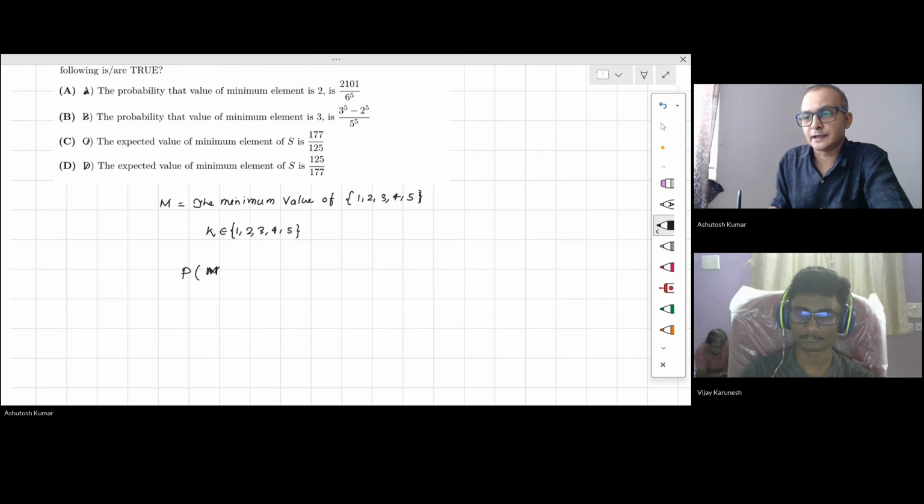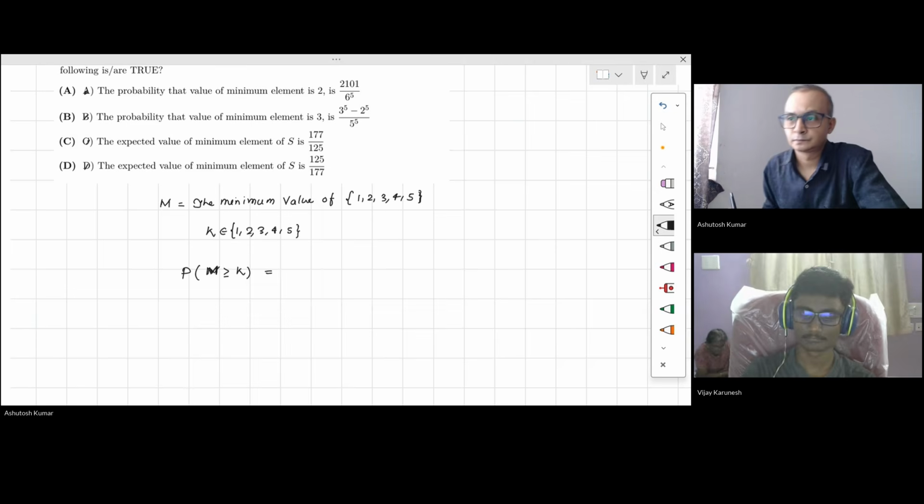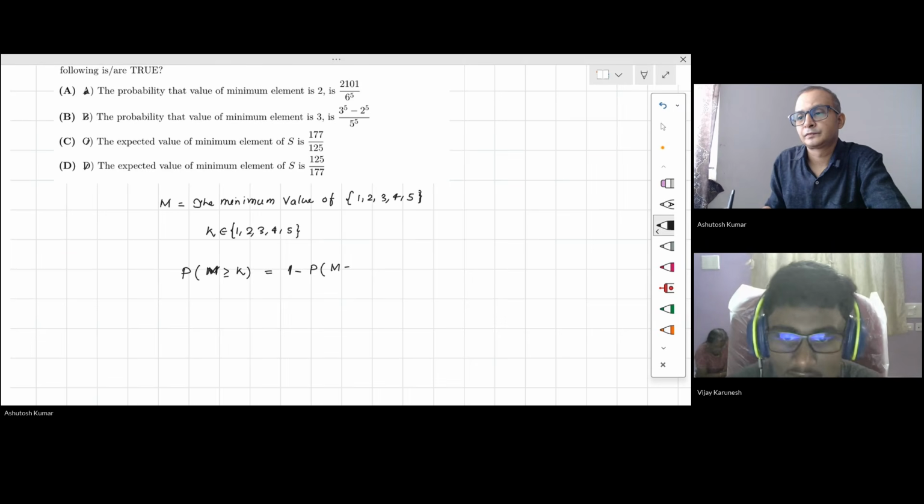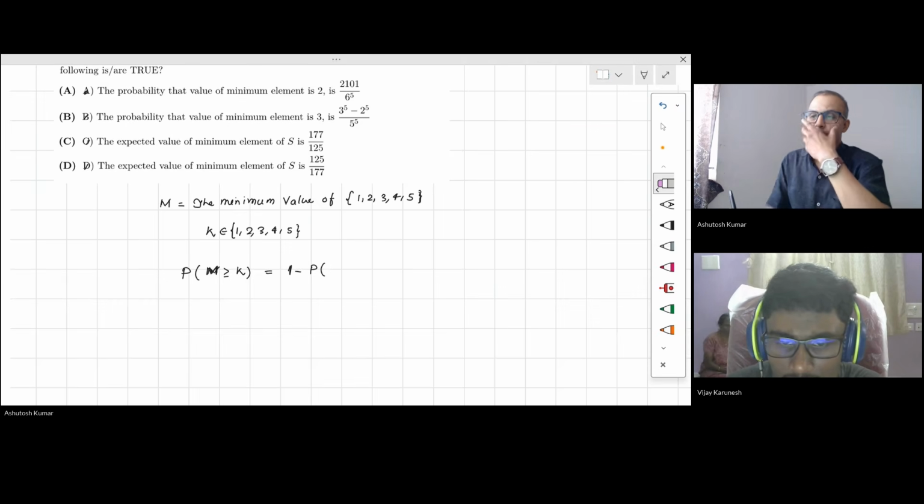There is a way to write the distribution now. So the probability of M greater than k, what do you write? 1 minus the probability of, tell me, M is less than, so what are the things we have to write? Less than k, sir. Less than k directly. Okay. So M is less than k.